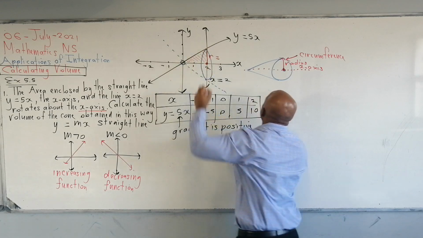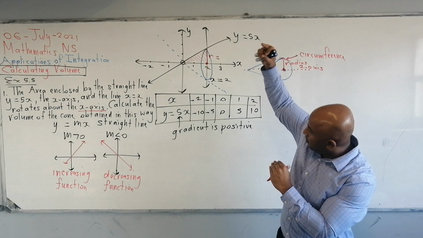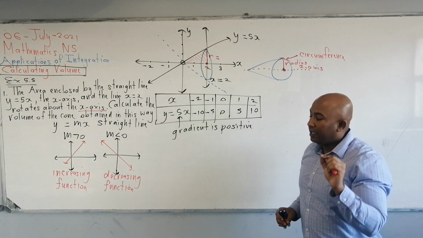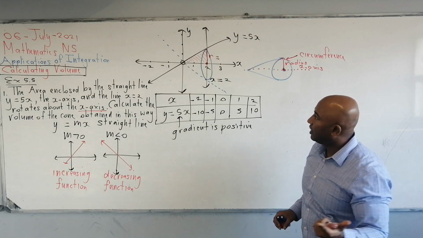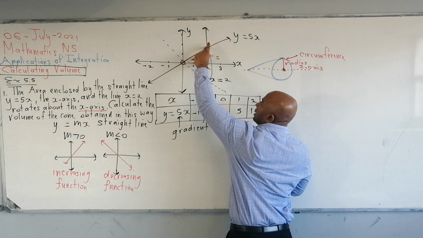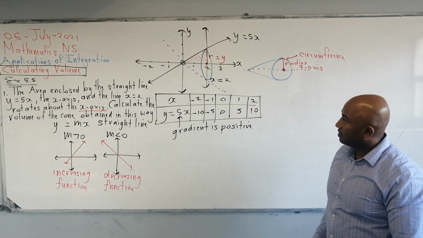So your R, there's your radius. Now when you are measuring going up, you are measuring a y value. So if you're measuring up, your radius is in terms of y.